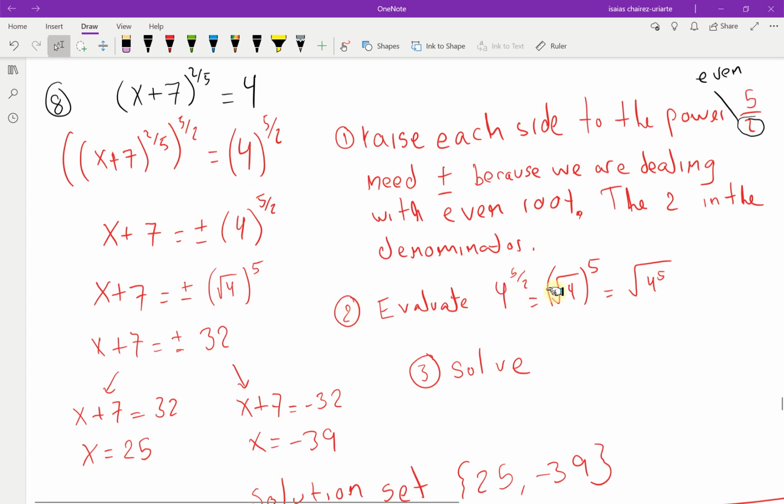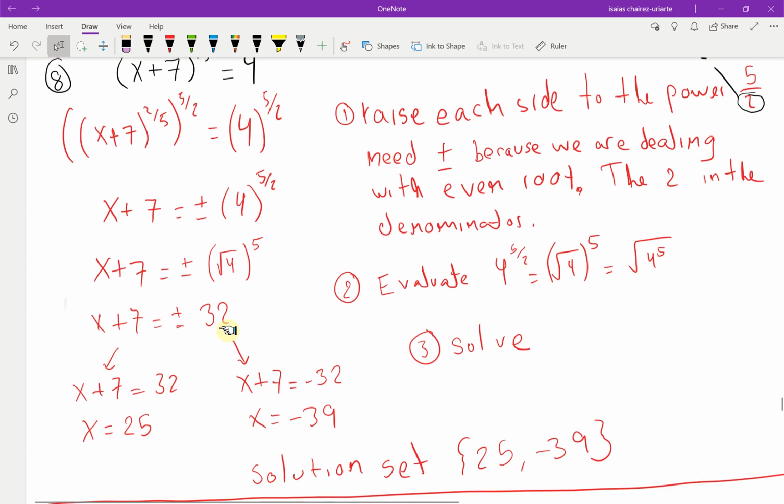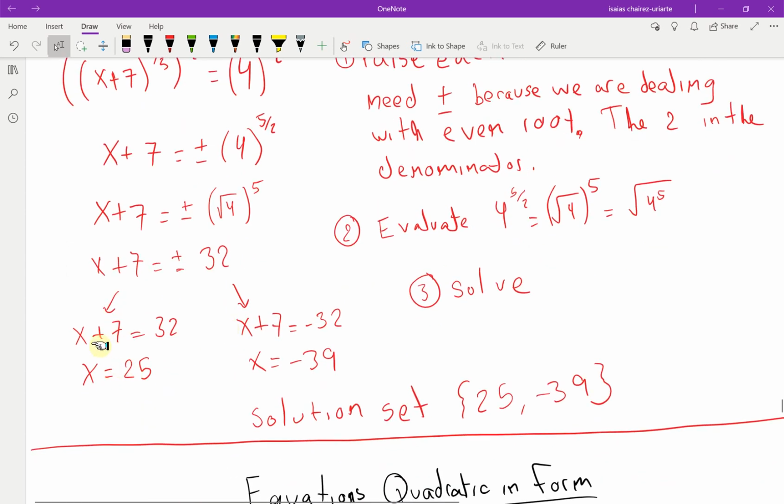You can think about it as the square root of 4, raised to the 5th. That's just 32. So then I have that x plus 7 is equal to plus or minus 32. Then I solve each one of these equations. I subtract the 7 from both sides in both equations, and I end up with a solution set 25, negative 39. I checked that my answers actually were valid, and you should as well.